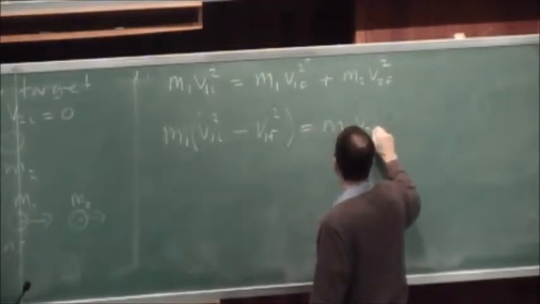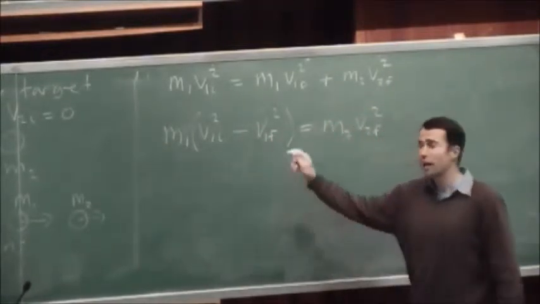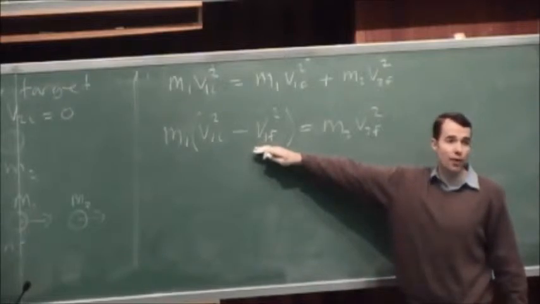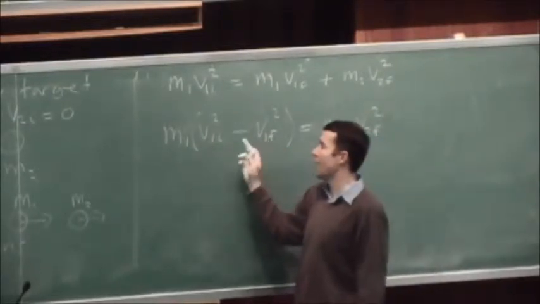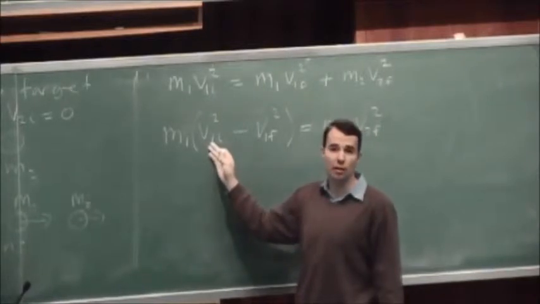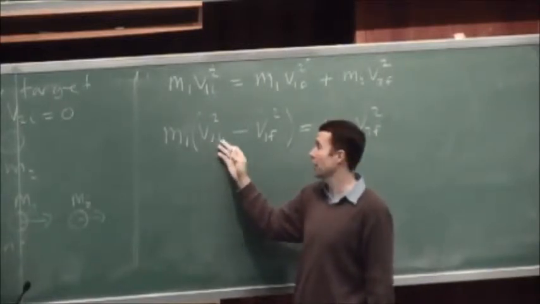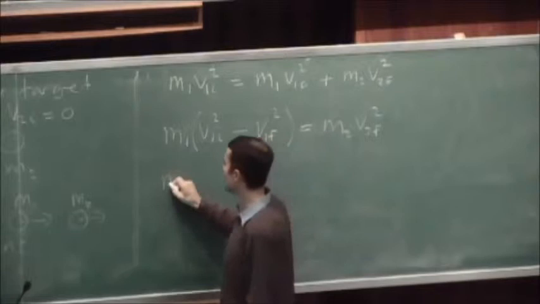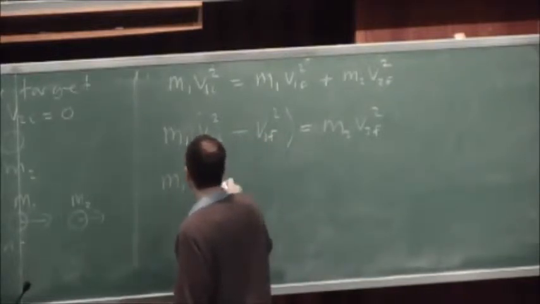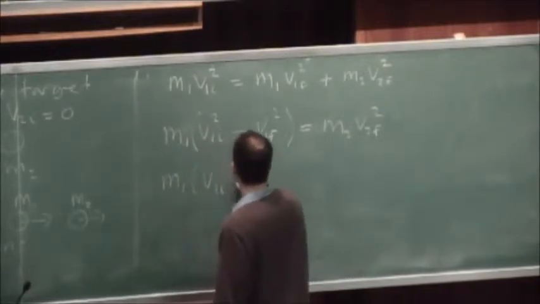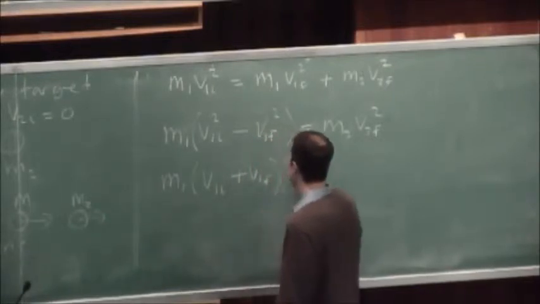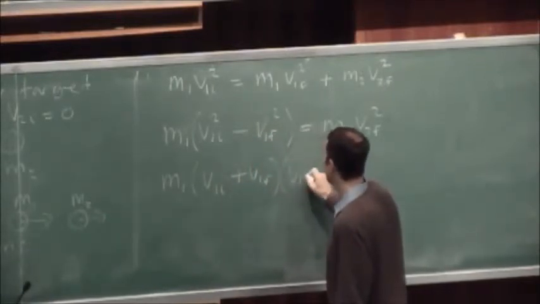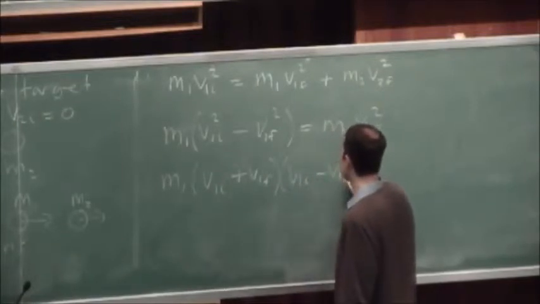This is equal to M2 V2 final squared. Now I'm going to take this one step further, and I could write this using factoring. I'm just trying to factor this into M1 times V1 initial plus V1 final multiplied by V1 initial minus V1 final.